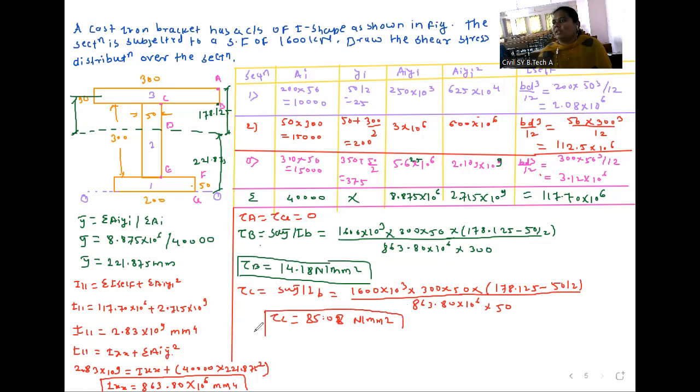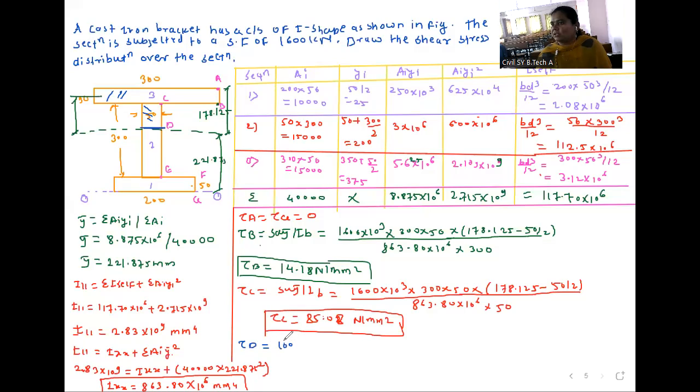After that, we will calculate at point D. So tau D, now we are calculating at this point D. So we have to consider this area as well as this area. So tau D is equal to S A y bar divided by I b.